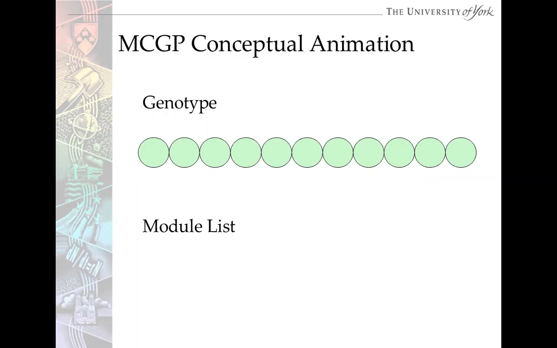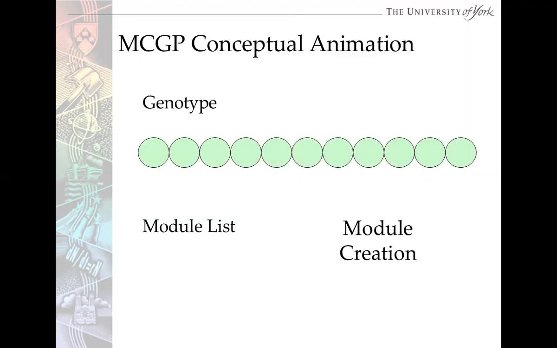So here's your genotype, just a string of CGP nodes, and we are going to create a module. This is the first thing we're going to do in this animation.